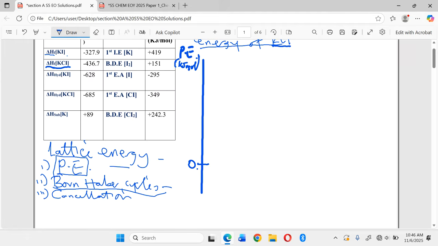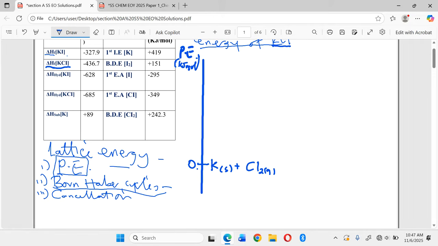So what are the elements in potassium chloride? We have potassium, and the standard state of potassium is a solid, reacting with chlorine, and you recall chlorine exists as a molecule, to form potassium chloride.